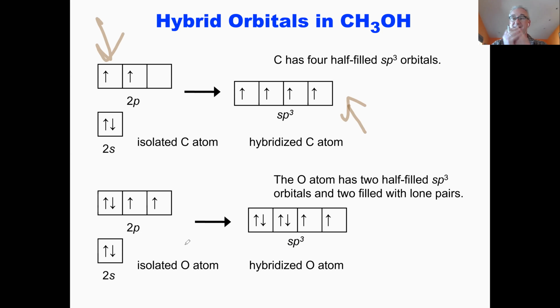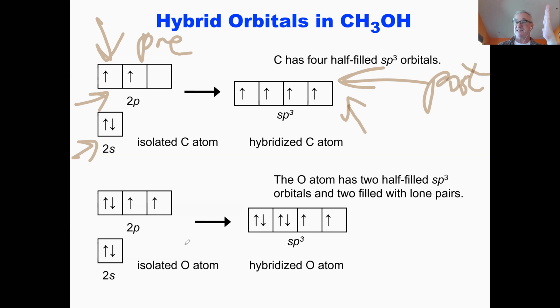So the carbon by itself is just an atom, and has its electrons arranged like this. But when it's in a molecule, it changes those arrangements to look like this. So that's the difference. The arrow basically takes you from pre-hybridized to post-hybridized.